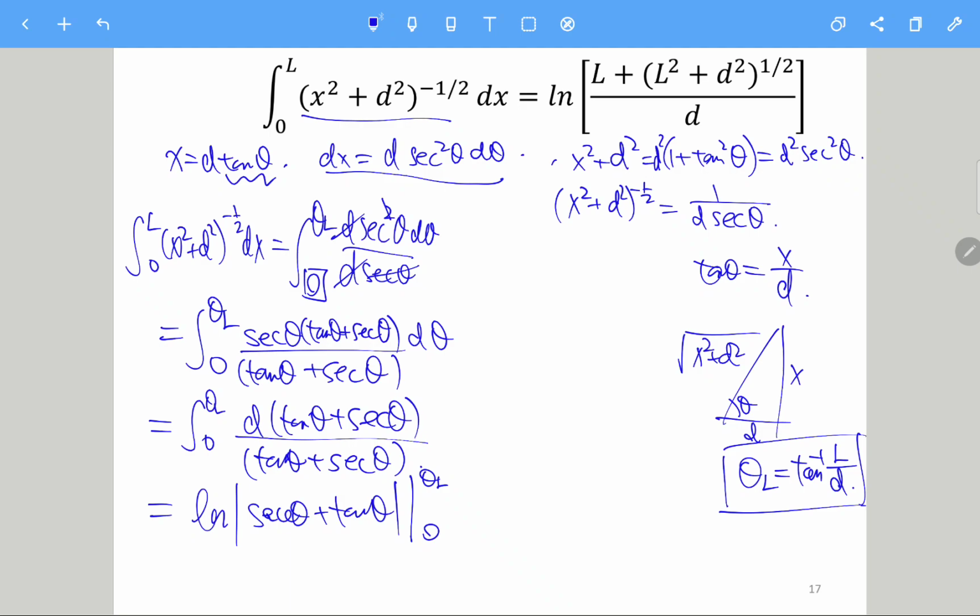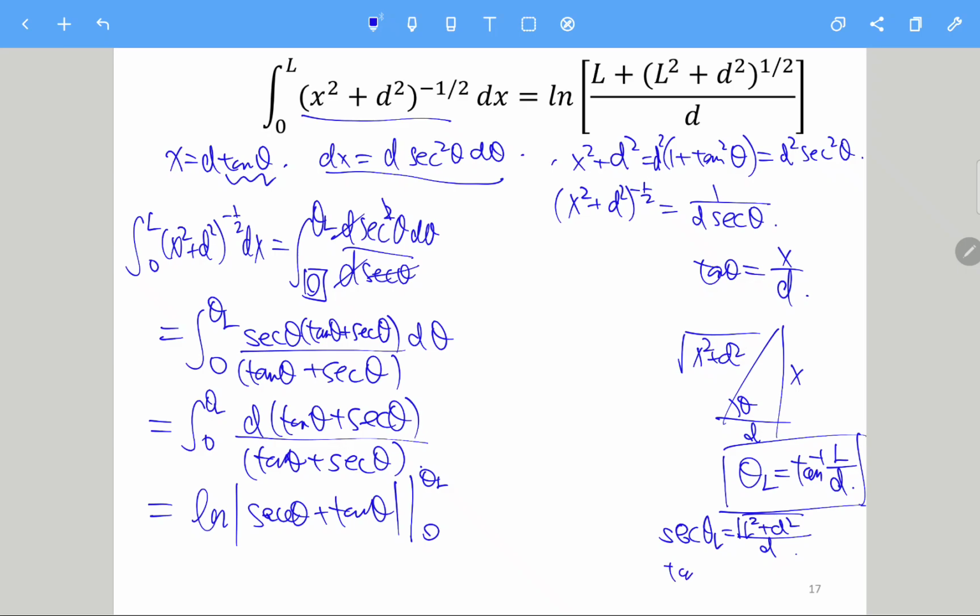So for theta L, secant theta L is square root of L squared plus D squared over D, because cosine theta L is D over square root of L squared plus D squared.